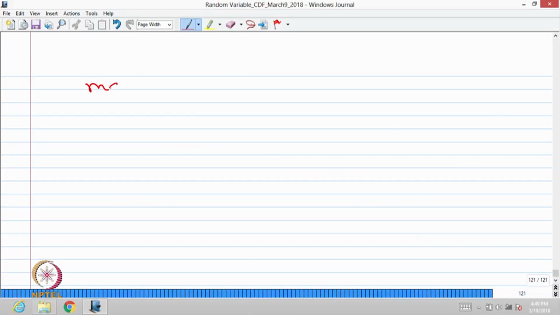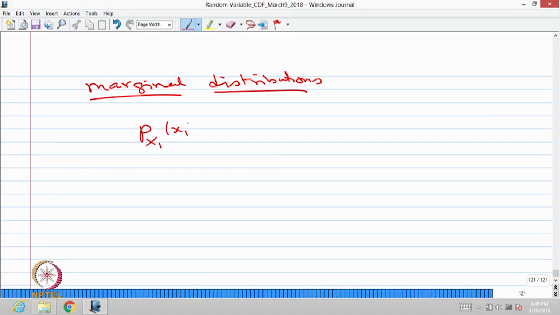From the joint probability mass function, one can get the probability mass function of x1 and x2. They are called marginal distributions. That means if I want to find out the probability mass function of x1 from the joint probability mass function of x1 and x2 by summing it over x2, I can get the probability mass function of x1.